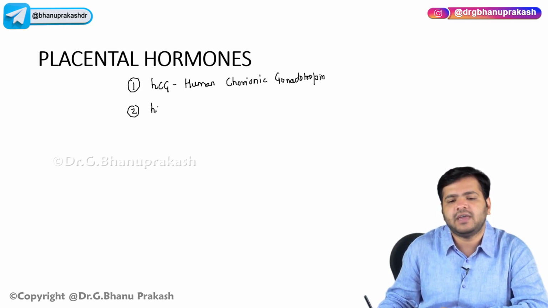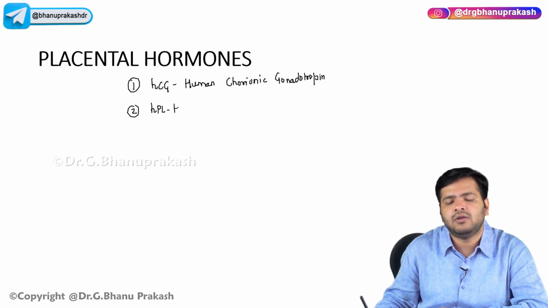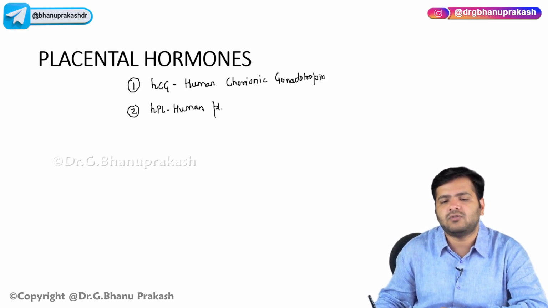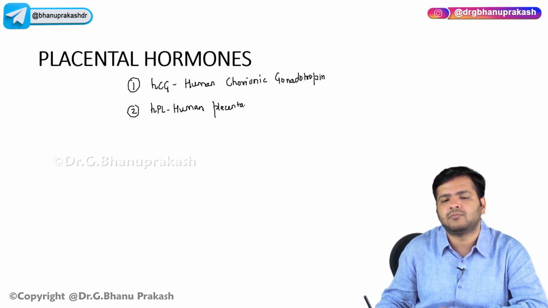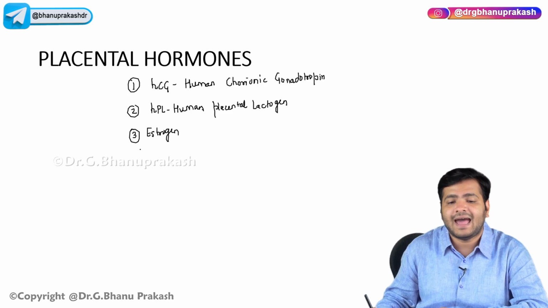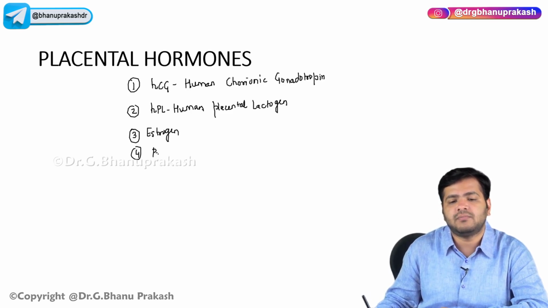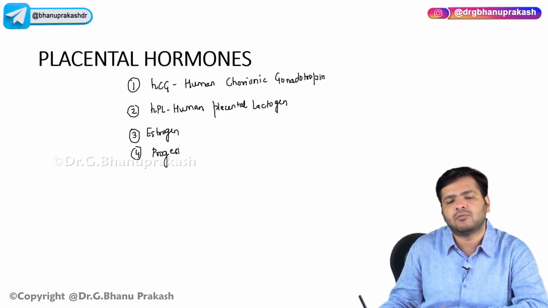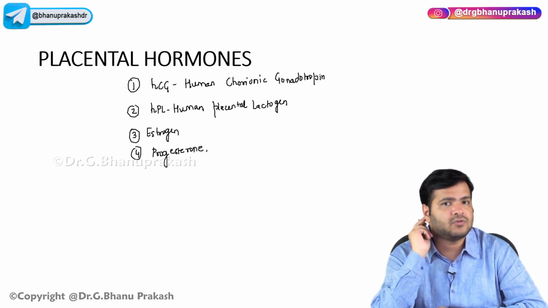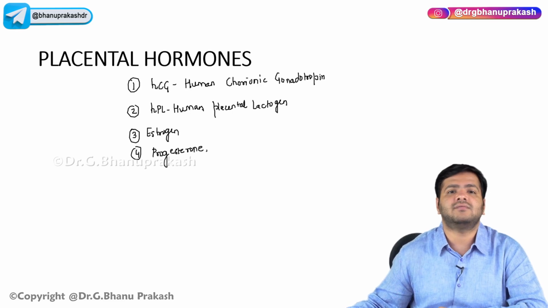Then we have HPL, human placental lactogen. The third one is the estrogen, and the fourth one is the progesterone. So let us discuss one by one about these hormones.